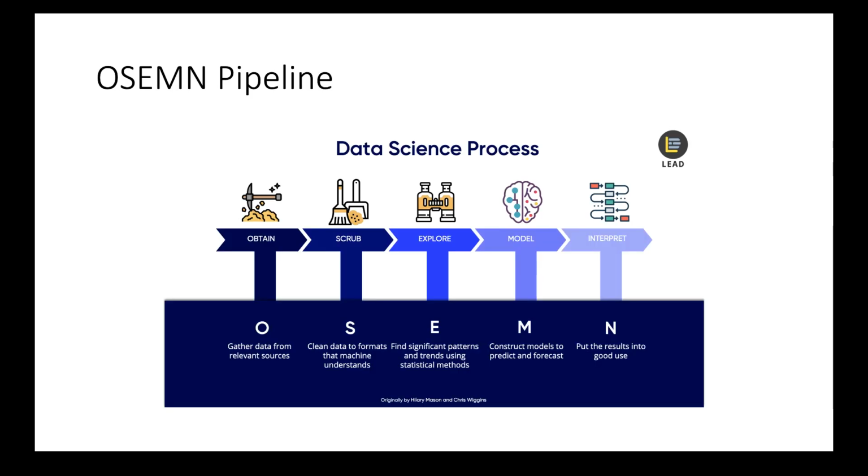You want to work as much as you can, one question at a time. All right. So the OSEMN pipeline is one of a number of models that's used to describe the analytics lifecycle. And again, you're going to come back to this numerous times throughout the program. All right. And that's it.